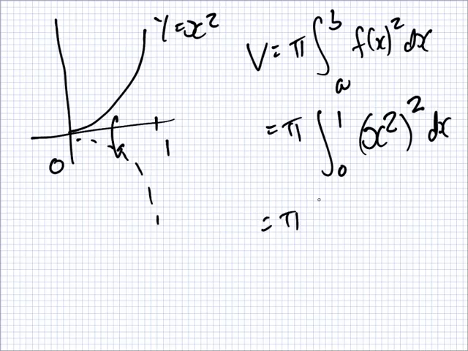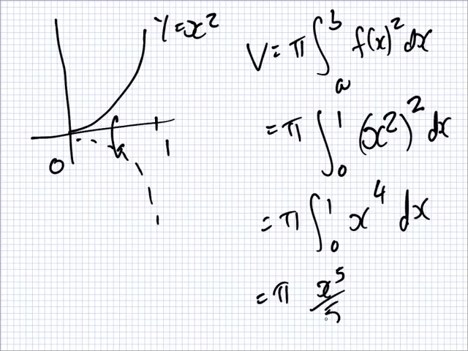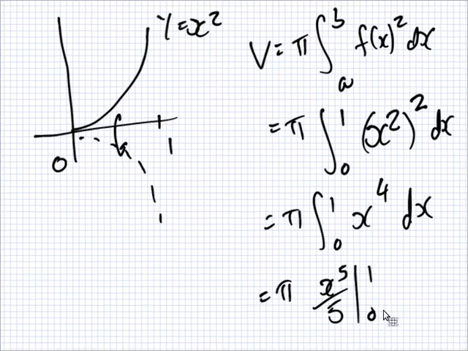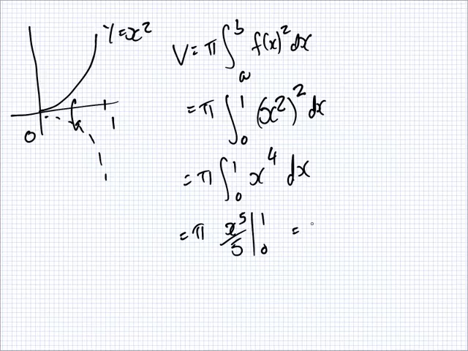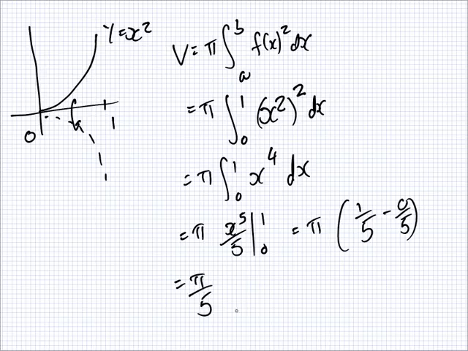That will be pi, 0 to 1, x to the 4 dx. What do you get when you integrate here? x to the 5 over 5, 0 and 1. That will equal pi, 1 over 5 minus 0 over 5. So the answer is pi over 5 is the volume. So I'm using this formula to calculate volume.